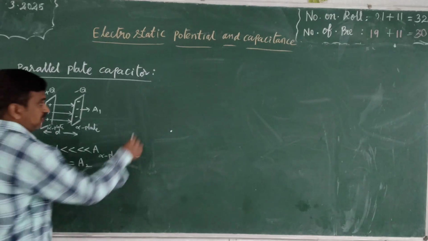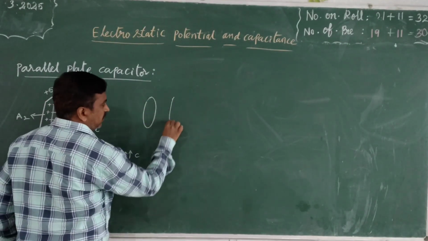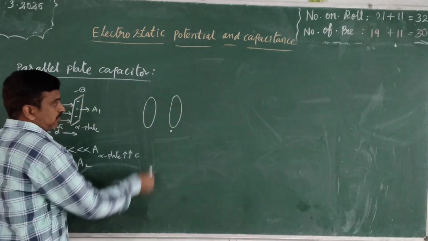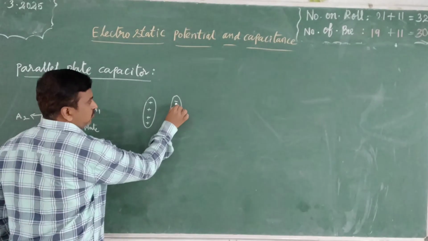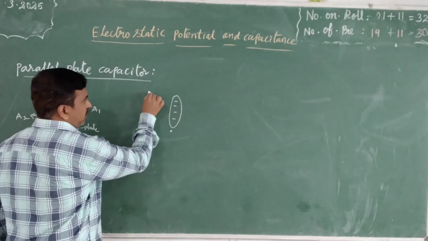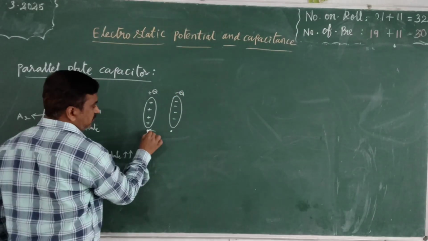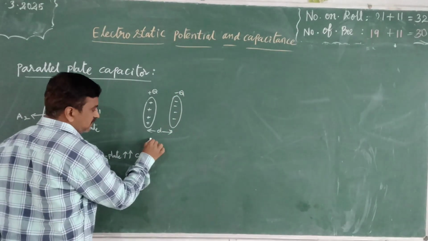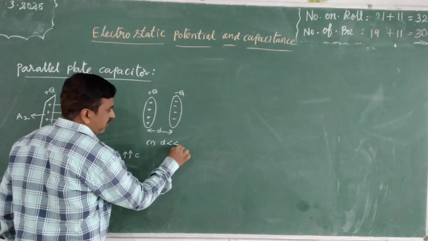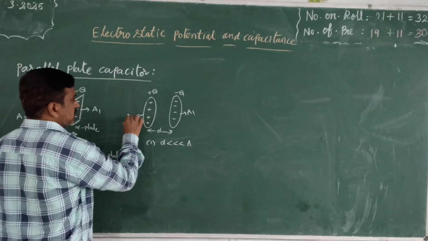For example, take spherically shaped parallel plates. Here is positive charge, plus q, and here negative charge, minus q, and the distance between the plates is d. The condition here is that d is very much less than A. Its area is A1 and its area is A2.